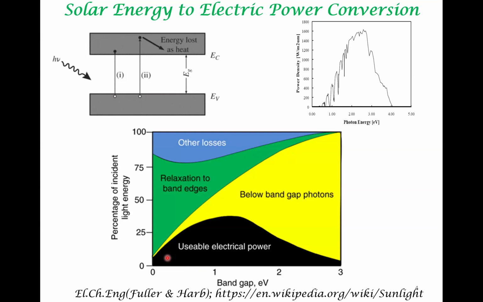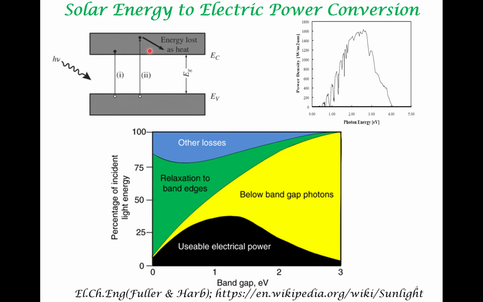So supposing you have a semiconductor that has a very small band gap. Of course, you can absorb most of the light because most of the solar energy photons have greater energy than the band gap. However, because of relaxation to the band edge of the conduction band and release of heat, much of the energy that is obtained from solar photons is not utilized for useful energy, right?